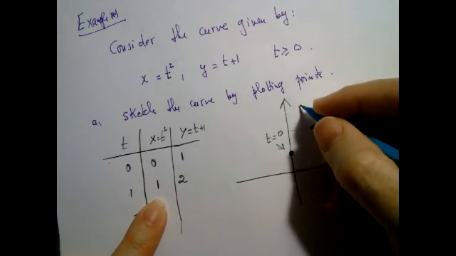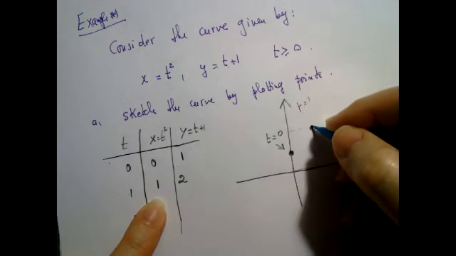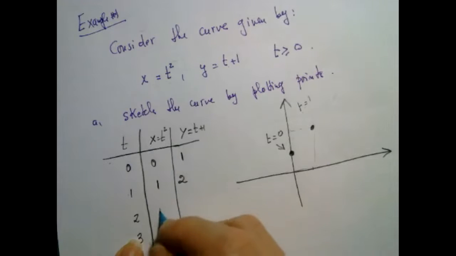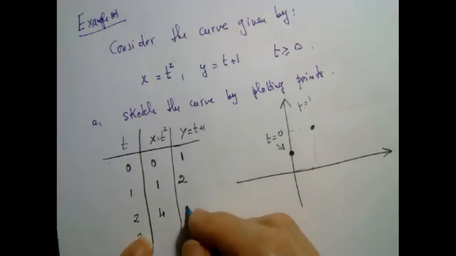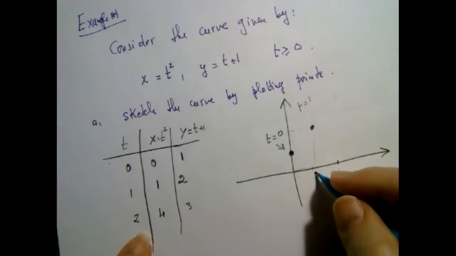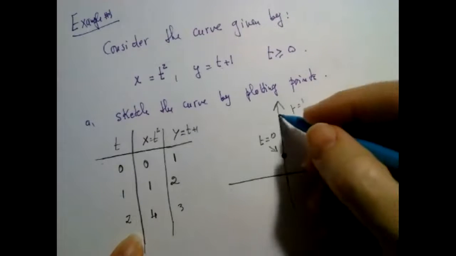Right here. So this is at t equals 1. So my point is at (1, 2). Now at t equals 2, my x is at 4, my y is at 3. So at t equals 2, my x is at 4, so this is 1, my 4 should be somewhere in here. And this is 3.